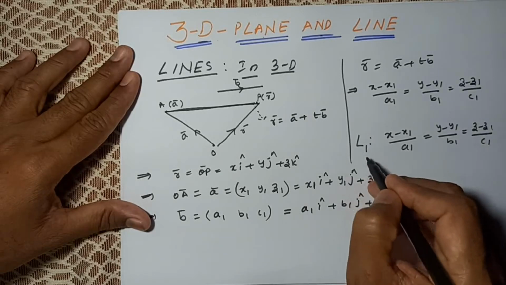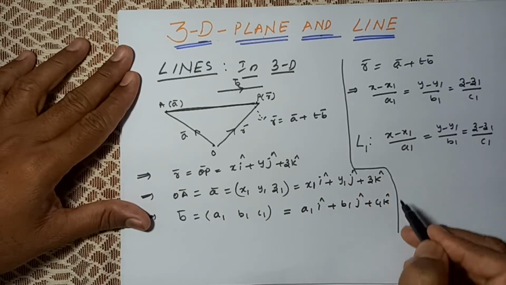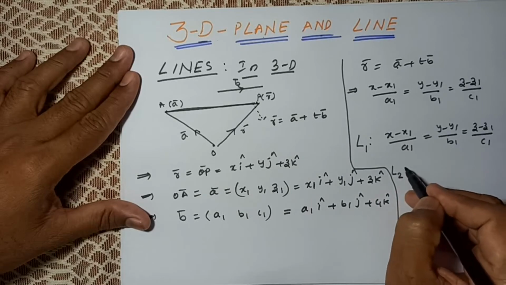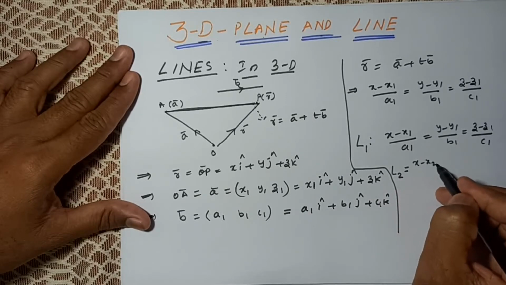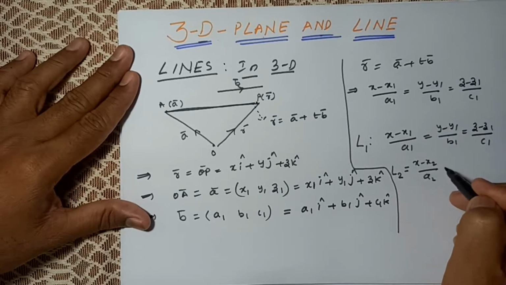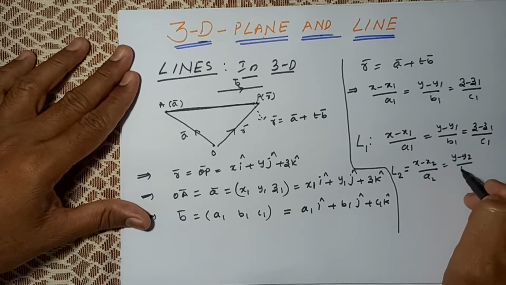Let us call it L1, and in this way we can take the second line equation L2 equal to x minus x2 by a2 is equal to y minus y2 by b2 is equal to z minus z2 by c2.